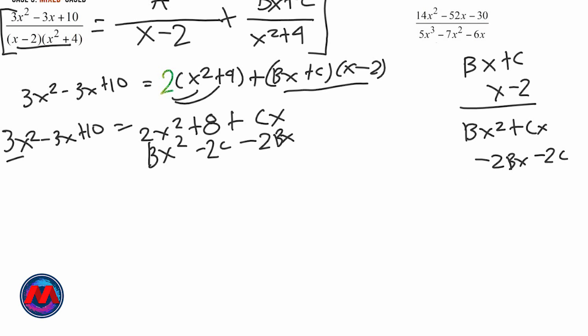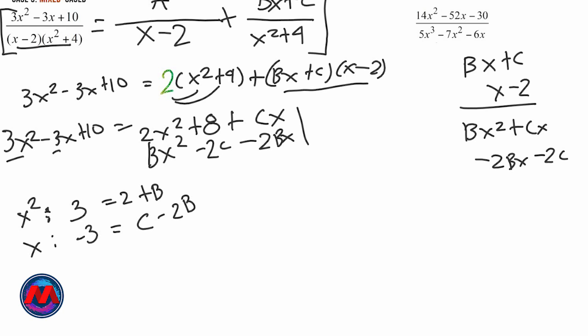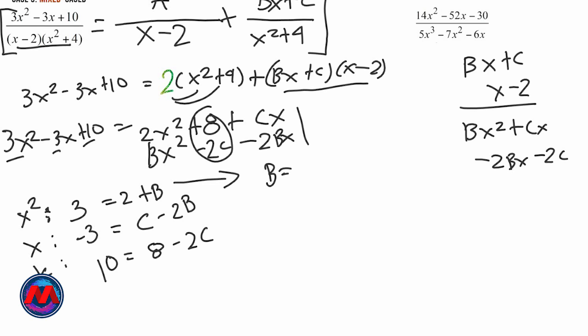Yung coefficient ng x squared is 3 is equals to 2 plus B. Yung x natin is negative 3 is equal to C minus 2B. At ang constant natin, that's 10 is equals to 8 minus 2C. Alright? So, dito, ma-figure natin yung value ng B, and B is equals to 3 minus 2 is 1.